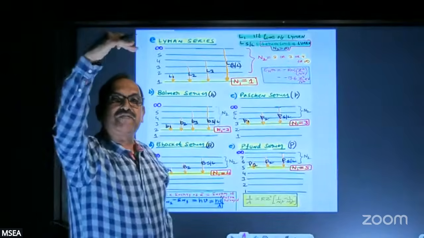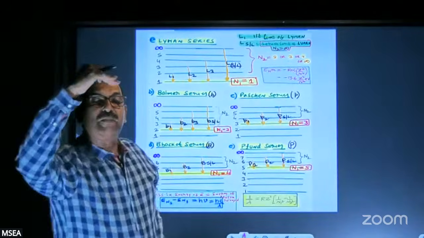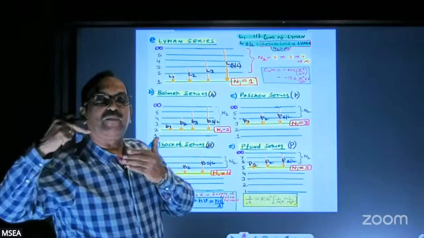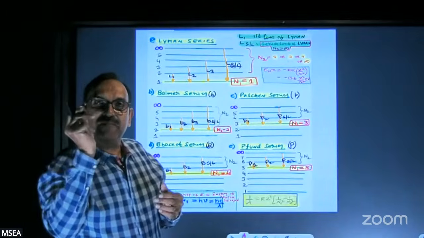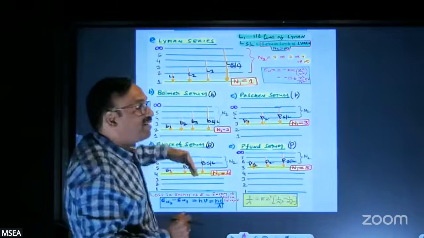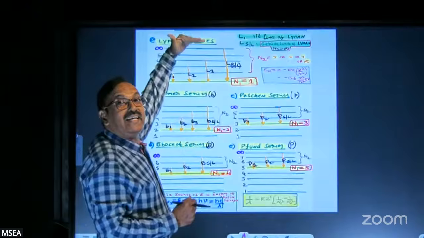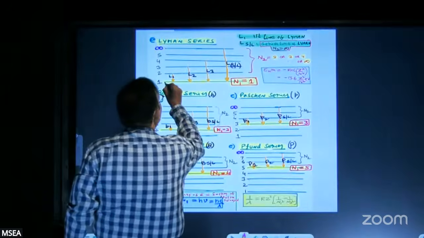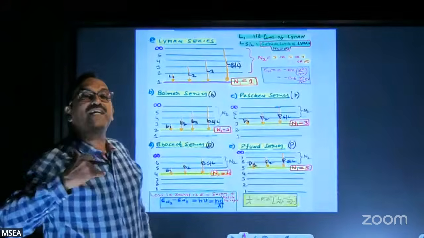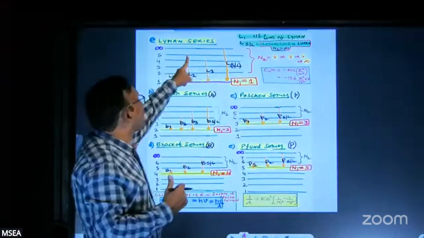Whenever the electron is jumping from a higher orbit to a lower orbit, it will be losing energy, and the energy will be converted in the form of a photon of some radiation, some wavelength. When do we get the Lyman series? When the electrons in the higher orbits finally jump to orbit number 1, the lowest orbit, you will have the Lyman series.